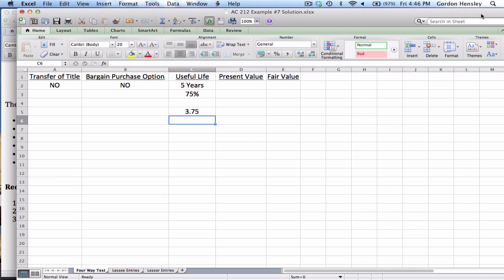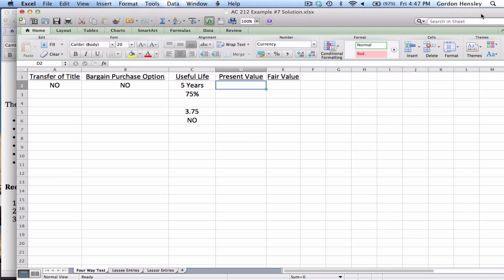So as long as we're leasing it for a time period that is less than 3.75 years, we're okay. Well, we're only leasing it for 3 years. So we can say no to that test. We're okay on that. So far it looks pretty good because remember, we would actually prefer to treat this as an operating lease rather than capital.